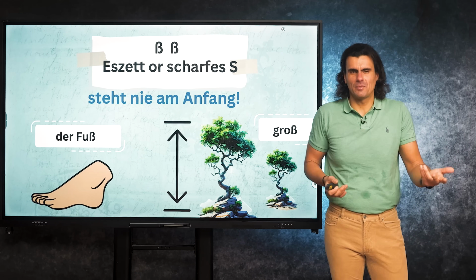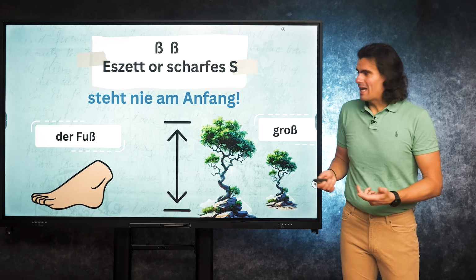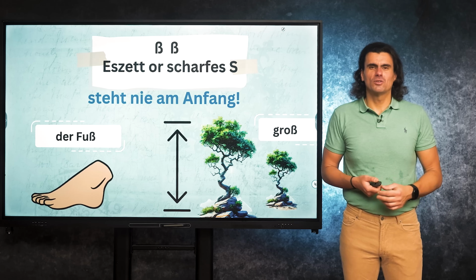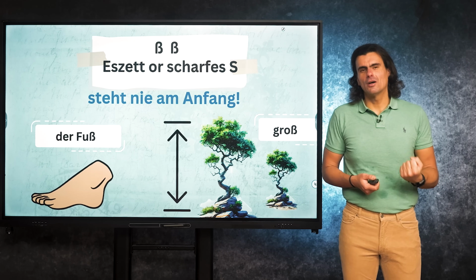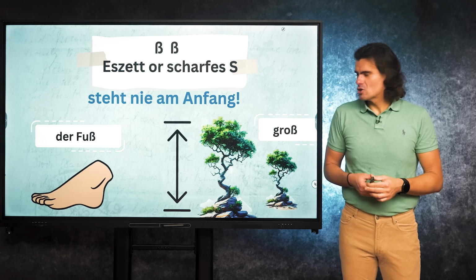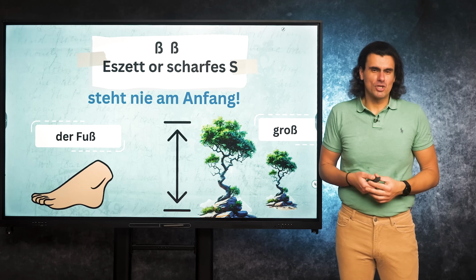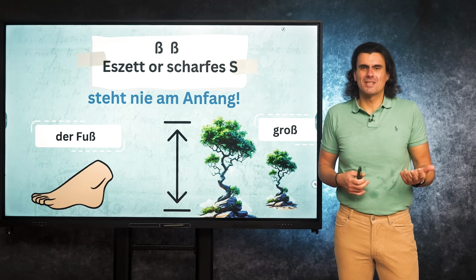You cannot pronounce it because it has the same pronunciation as the letter S. So it is either called Eszett or it is called scharfes S. Scharf can mean spicy, and it can also mean sharp, like the razor blade. And I do not know why they call it scharfes S, most likely because it is pronounced S.